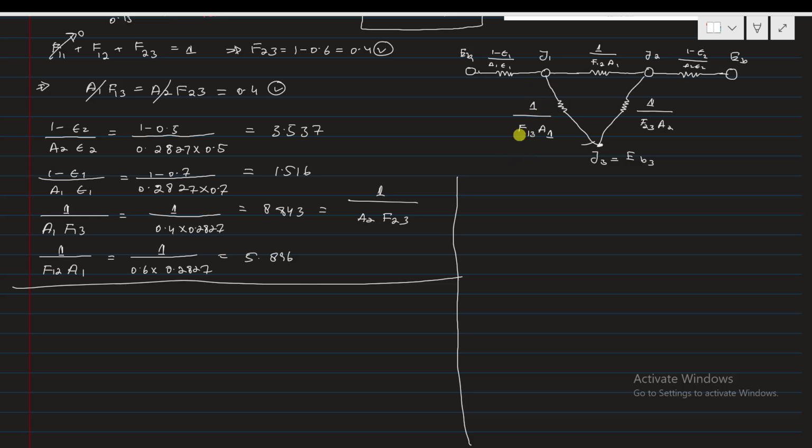Now perform the node analysis on this J1 node and then the J2 node to find the required equations, because without these values you cannot find the heat transfer Q1 and Q2.